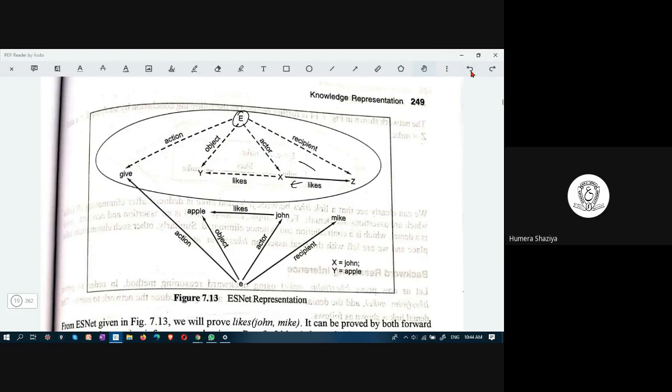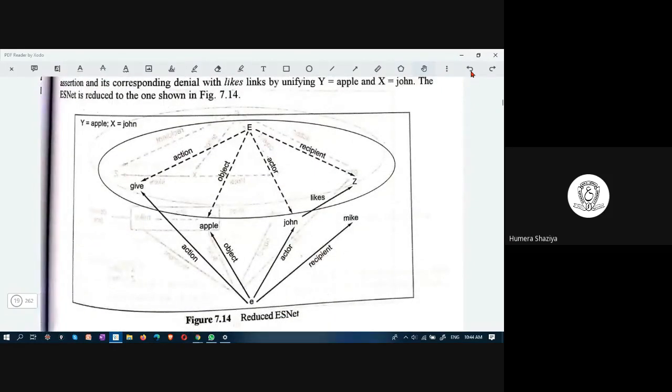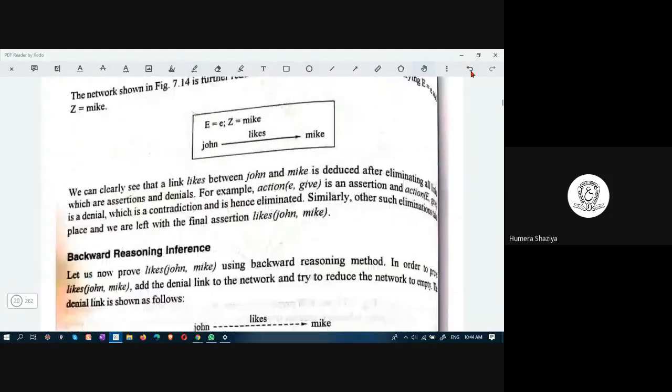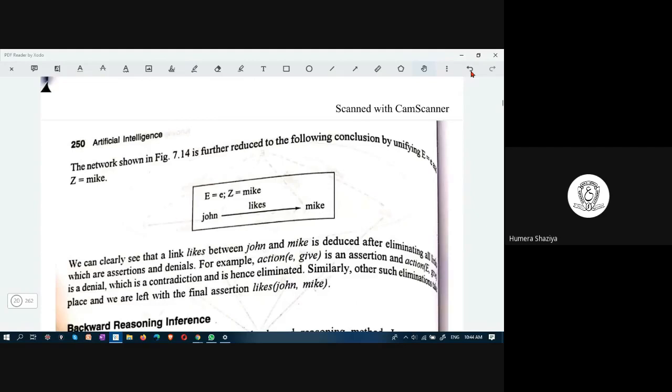This also. Okay. Now forward reasoning inference. In forward reasoning inference, we are binding apple to Y and John to X. When we bind, the network shows first. There is another rule which is known as unification, unifying, merging.